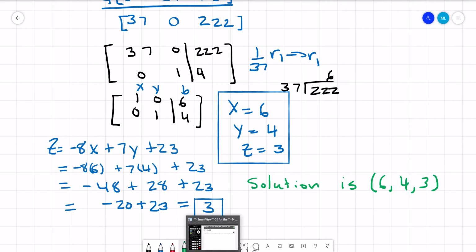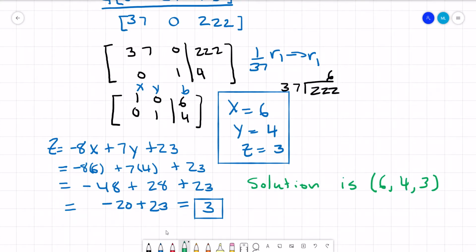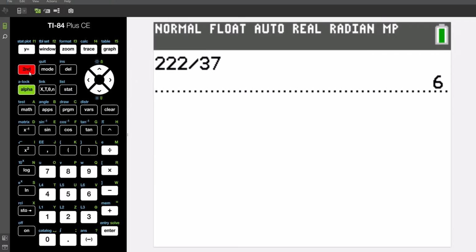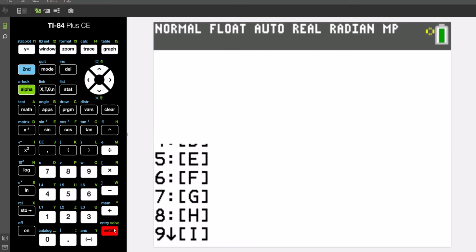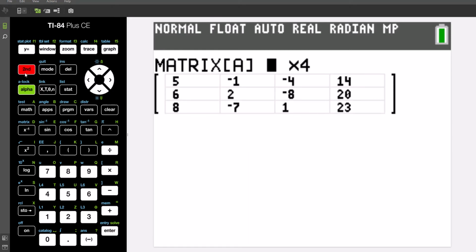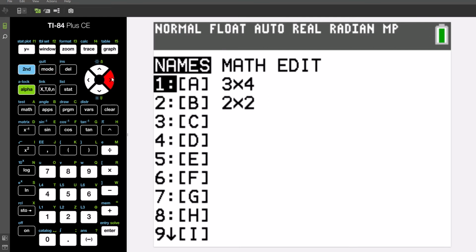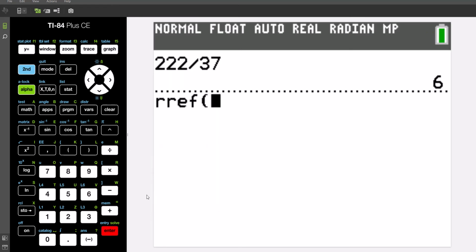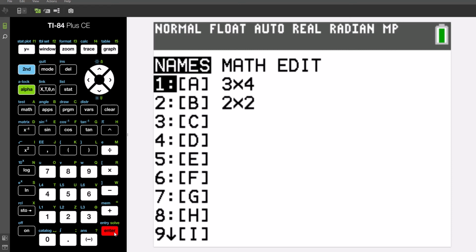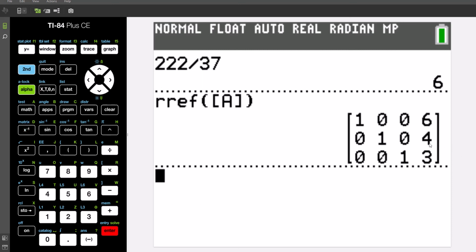However, of course, we could probably just plug this into our calculator, and I think I already entered it in. Yep, I did. So notice that we can also check our work, or if we didn't have to show the process, then we could have just plugged it into our calculator, and then we just hit enter, and we get 6, 4, and 3.